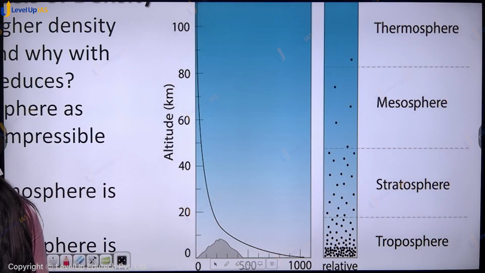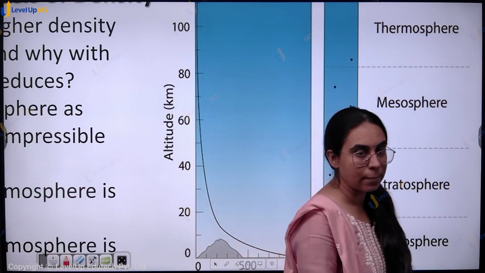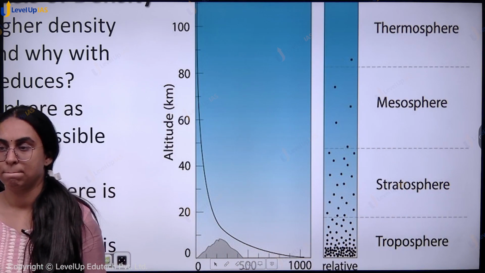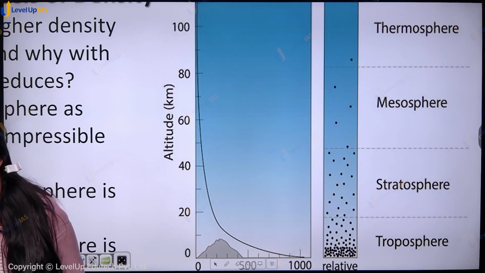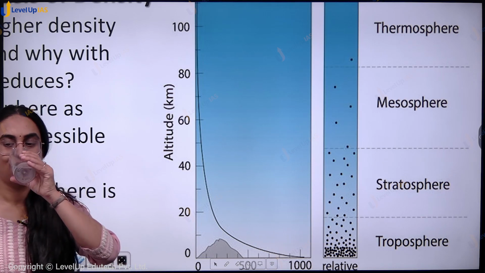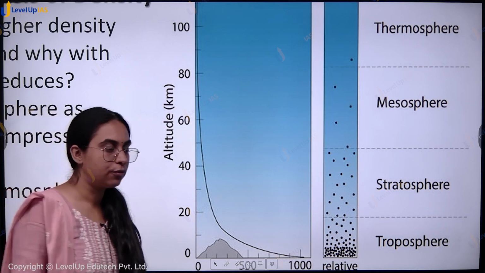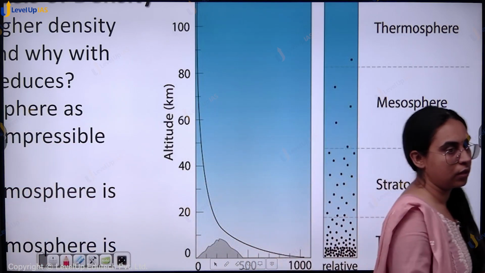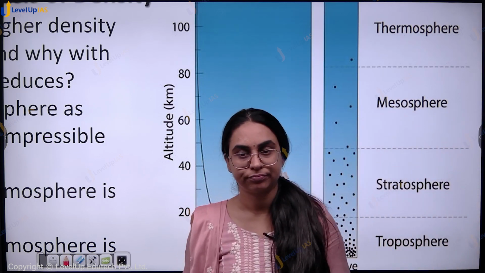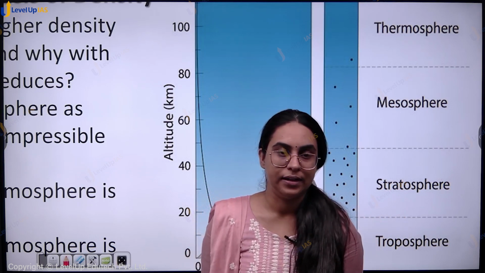The atmospheric layering on the basis of density. The atmosphere has weight and is compressible.